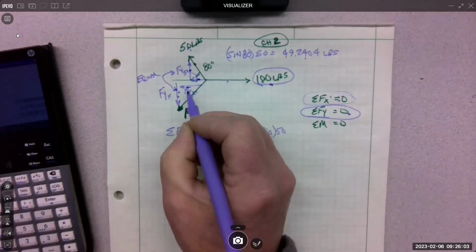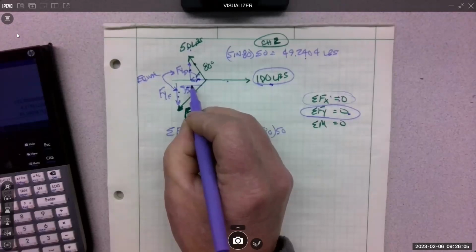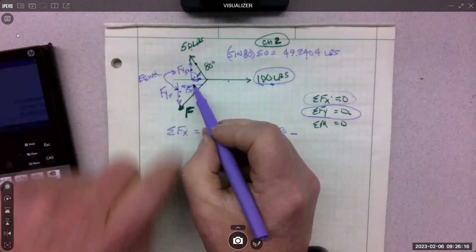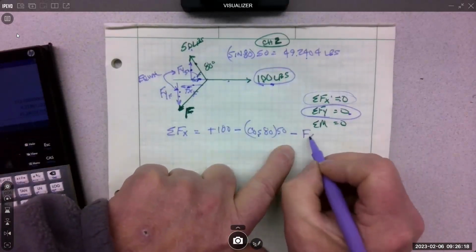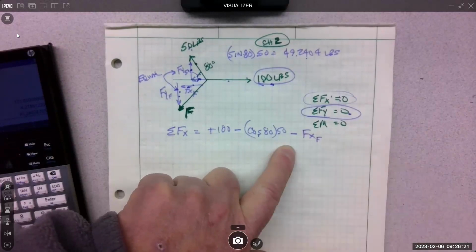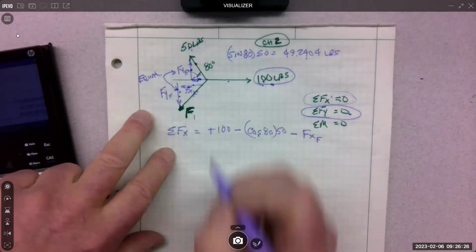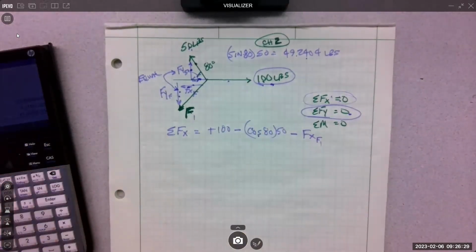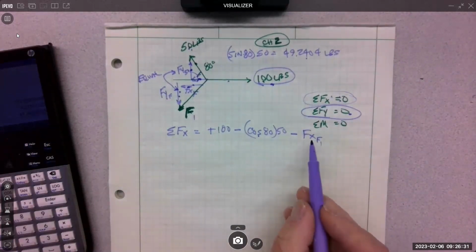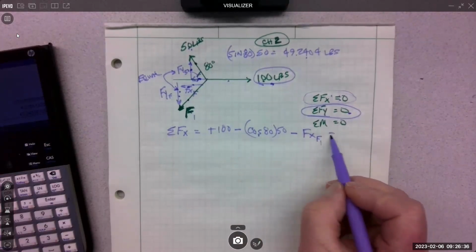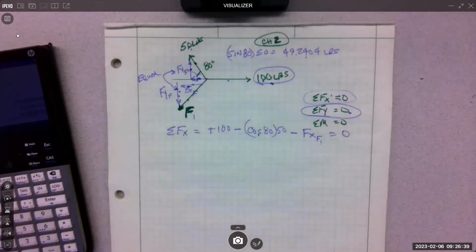And then, which way does this point? Negative. And I can write the equation. So it's adjacent to, or I can just write in Fx of F, since that's what I named it. Usually they're going to say it's like F1, right? That is the component of F that puts this all into equilibrium, or equal to 0.